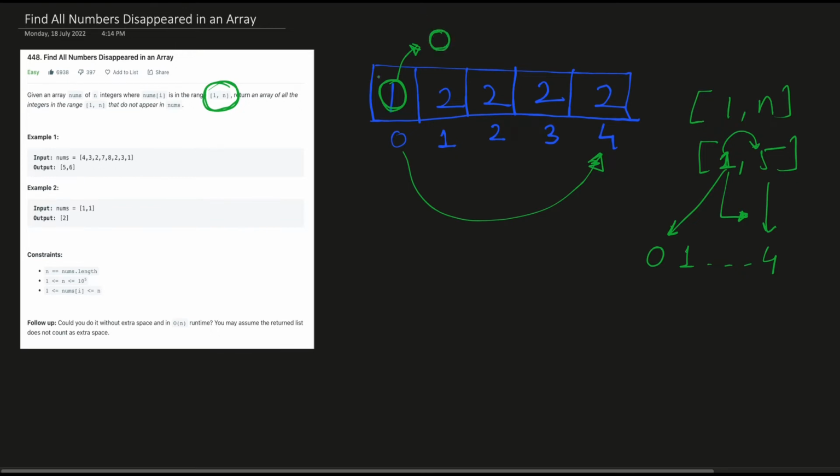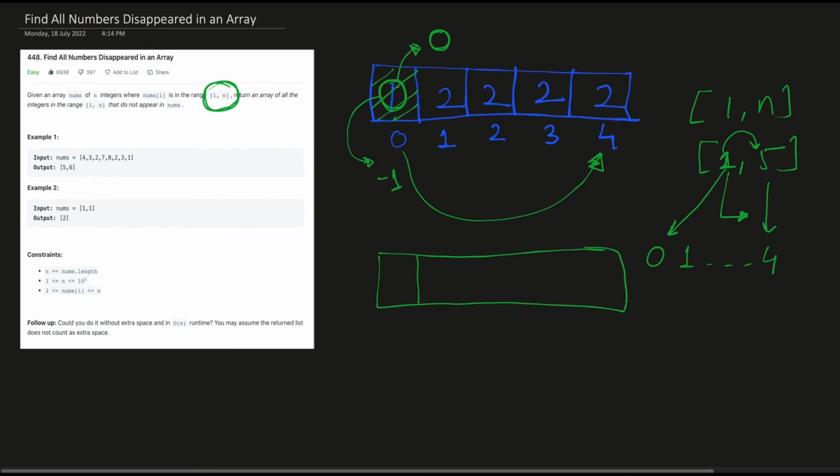Now let's mark the position 0 as visited. So how will we mark this position as visited? Basically, we can mark this position as visited by changing the element at that position to negative. Okay, so now let's try to use this algorithm here.